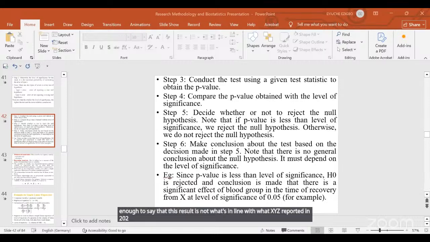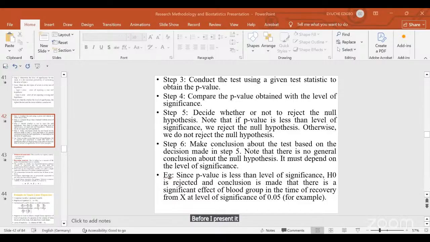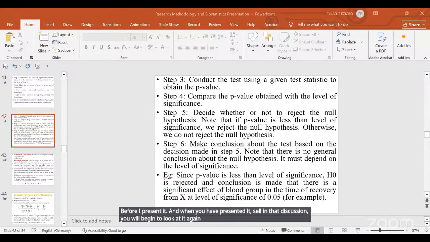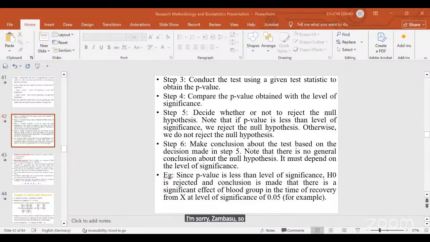Be polite to present it. And when you have presented it, in that discussion, you may begin to look at it again and probably begin to see what would have led to that. It is still part of the discussion. I'm sure it's understood. So all of them we need to do to be able to do what? Give a sufficient reason why someone will be able to accept the result that we have presented.